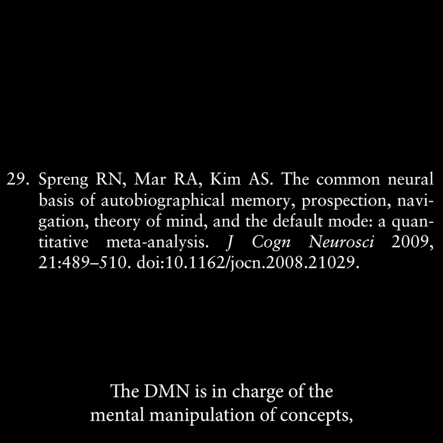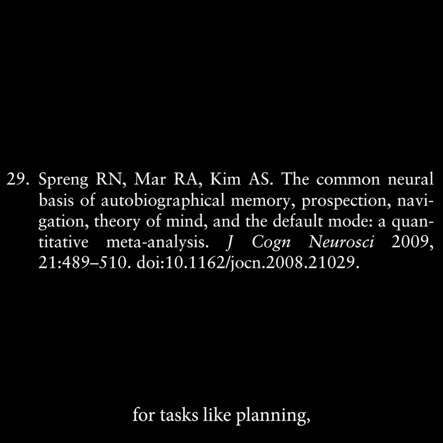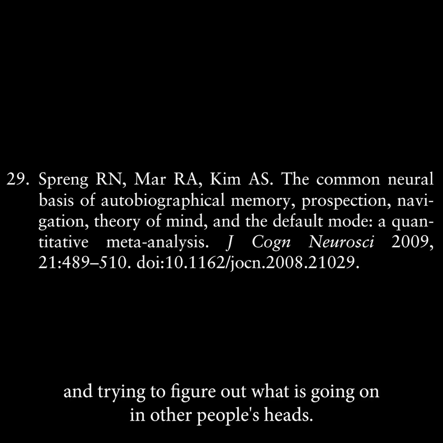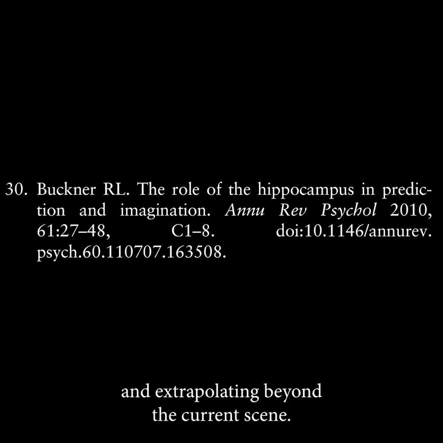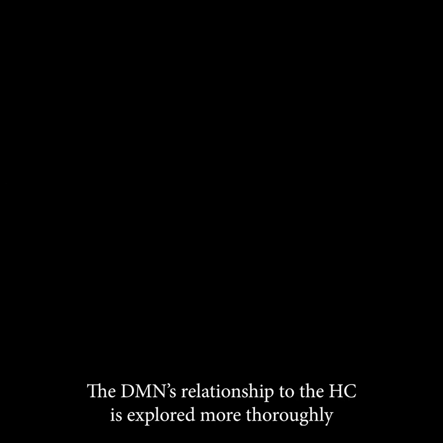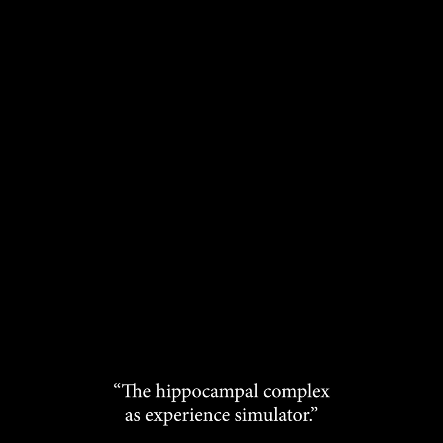The DMN is in charge of mental manipulation of concepts for tasks like planning, pre-visualization, reviewing memories, and trying to figure out what is going on in other people's heads. It is focused on figuring out the past, anticipating the future, and extrapolating beyond the current scene. The DMN's relationship to the HC is explored more thoroughly in Section 3, the hippocampal complex as experience simulator.